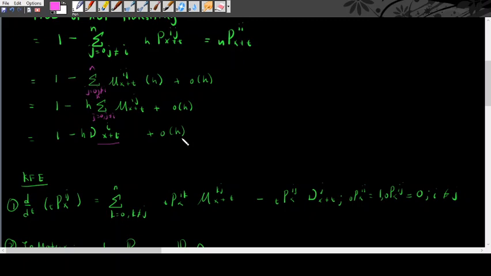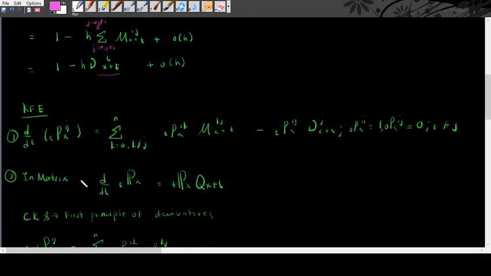So how does this relate to the KFE? Let's look at what the KFE says. The KFE is actually the net rate of change, the rate of going in minus the rate of going out from one state to another state. So if we are talking about rate, we are finding the derivative of the probability of going in and going out.